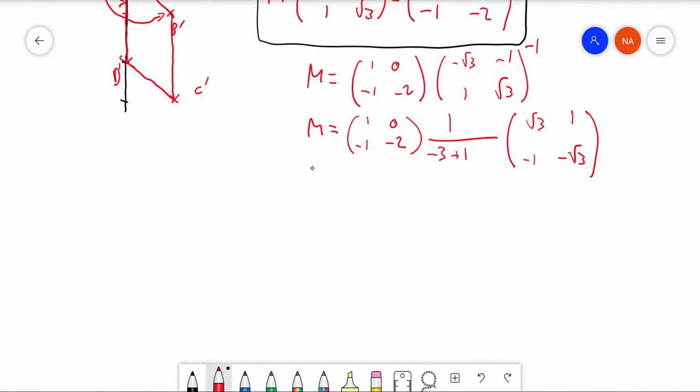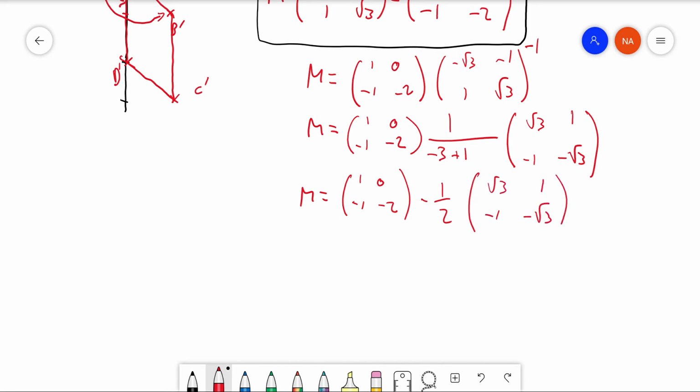Right, M equals, I'll be careful here. You're copying these things down and can so easily miss out a minus when you go from one line to the other, so I'm trying to be real careful and get that right. I'm going to get -1/2 here, because that'll give me -2 on the bottom. And I'm going to get [√3, 1; -1, -√3] there.